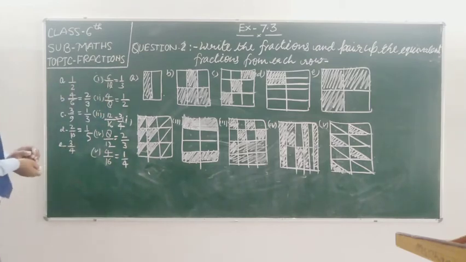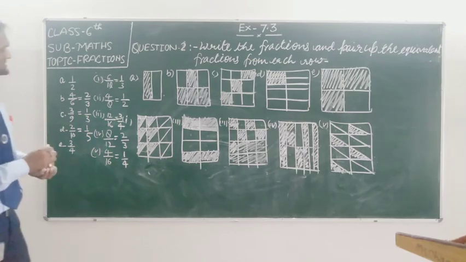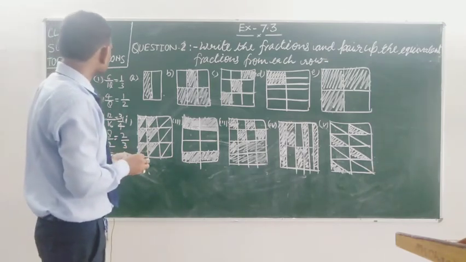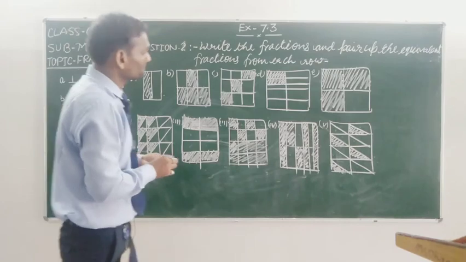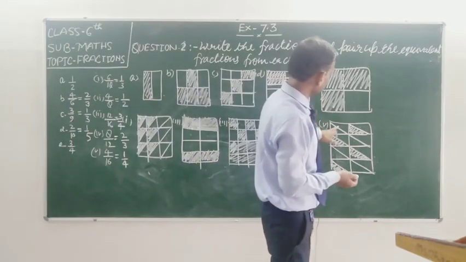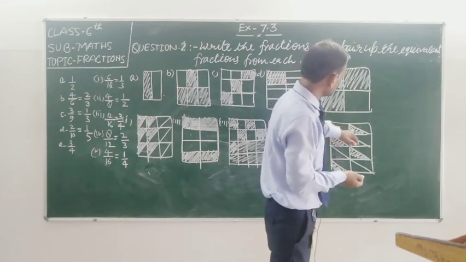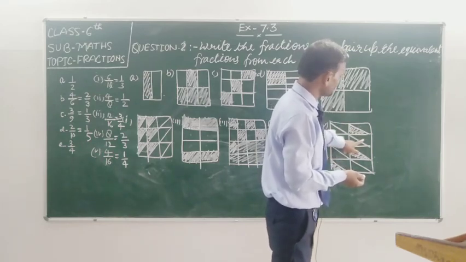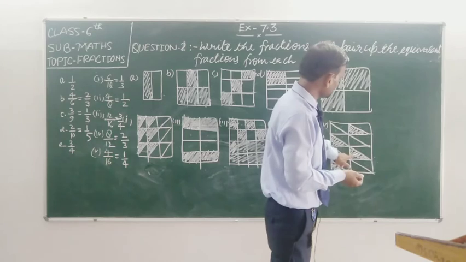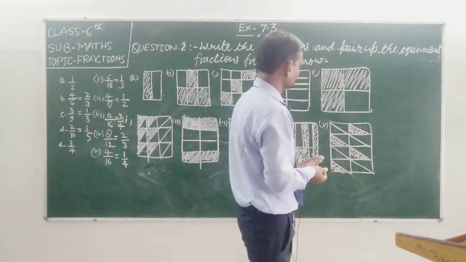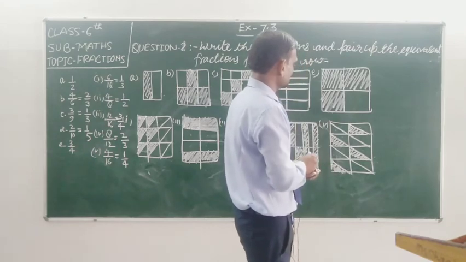1 upon 4. Now student, we can pair up here. Count again: 1, 2, 3, 4, 5, 6, 7, 8, 9, 10, 11, 12, 13, 14, 15, 16.